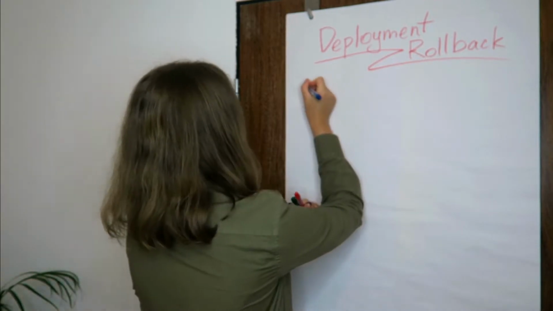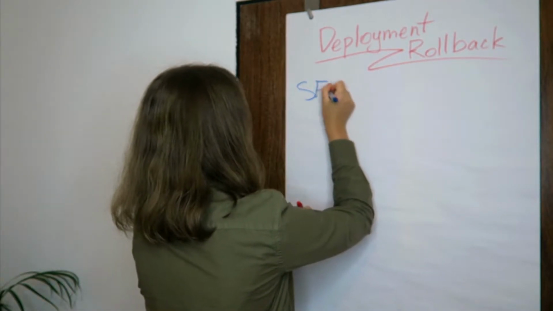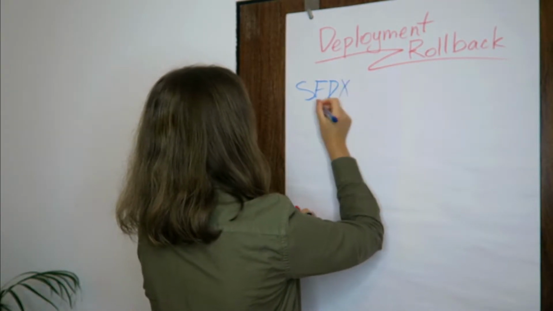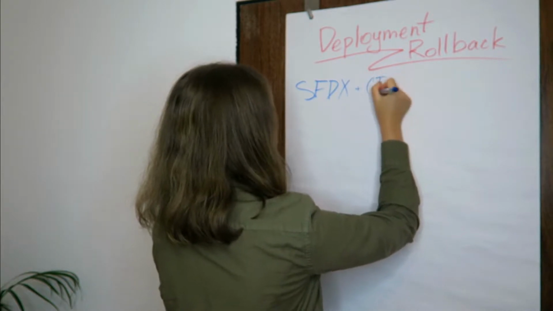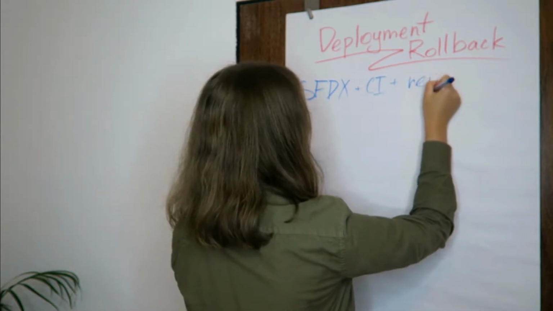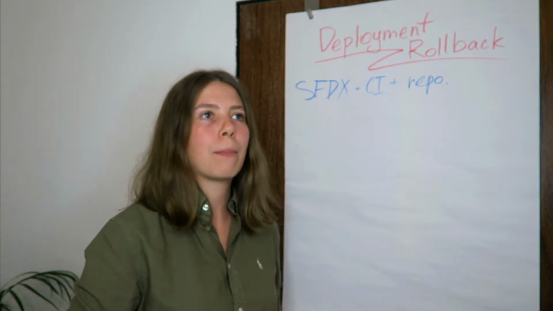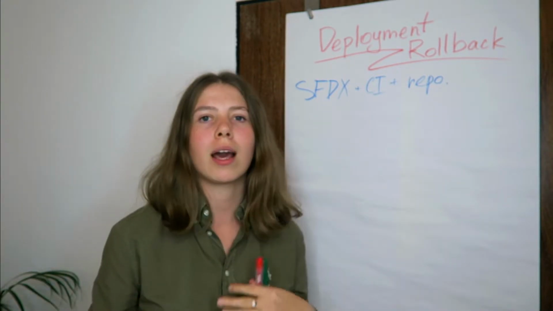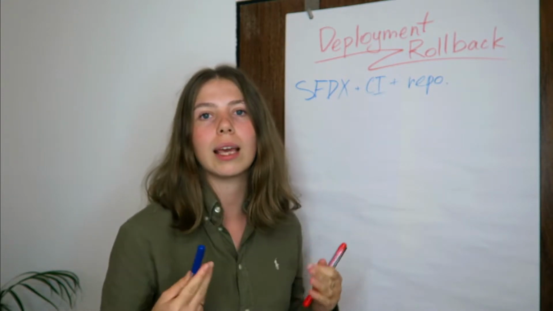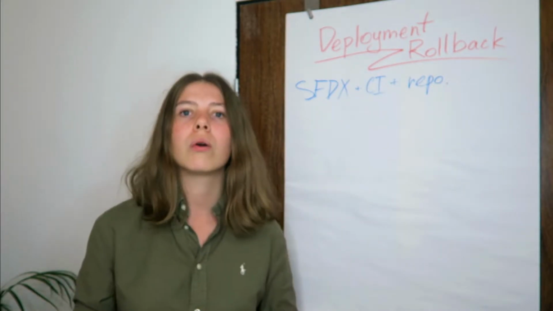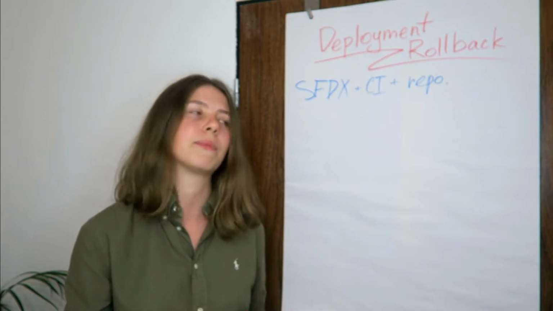First, SFDX, CI and repository. You have a situation where your source of truth is the repository, where you have branches and so on.